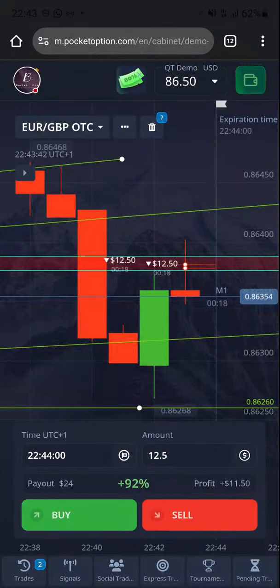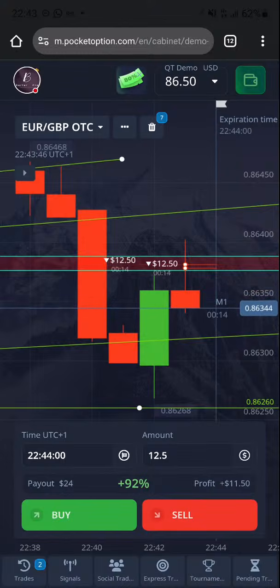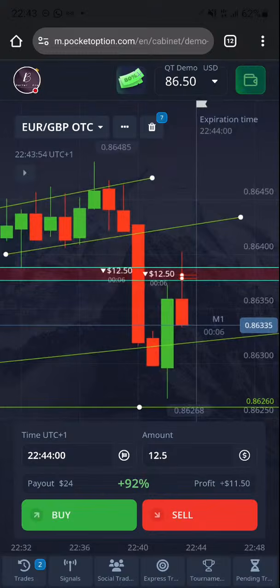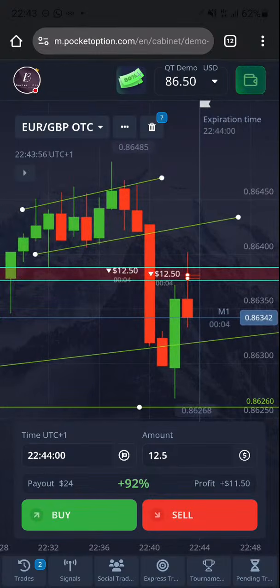Yeah, that's good. But I'll tell you the reason why I took this trade. Because it's not just because of the DBS, actually. There's one more reason. Does anybody know any other reason why I took this trade? You can tell me in the comment section before I say it.